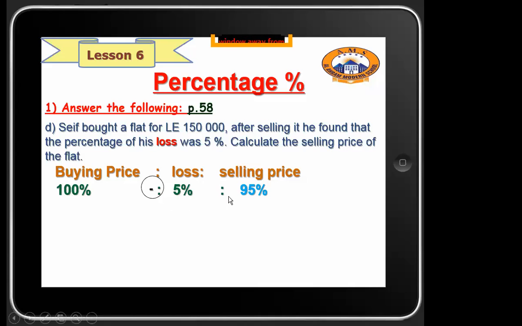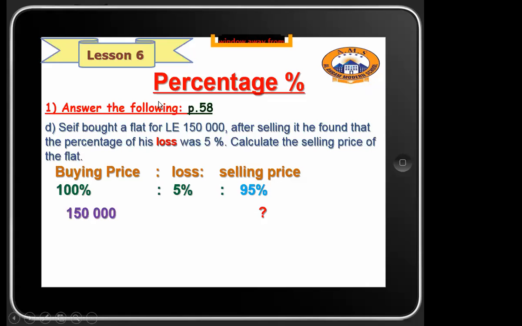Now, the rest of the class. Because this is a loss, I want you to subtract it, and now he wants you to calculate the selling price. So am I going to put the question mark below buying price or selling price? Selling price. Very good. I put the question mark below selling price because this is the amount he wants you to calculate.